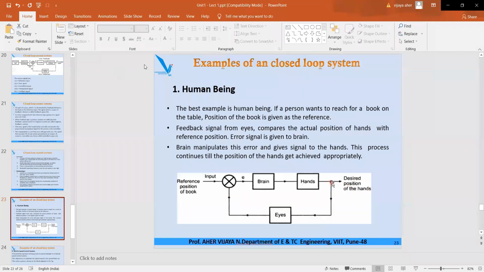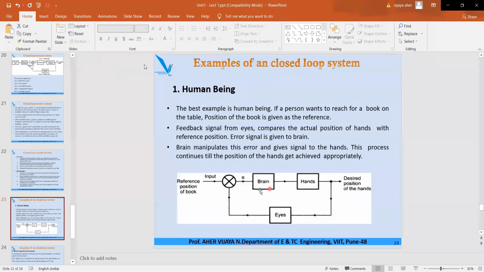So a sample is taken from the output, that is feedback, through the feedback element. Now here in the human being, the feedback element is nothing but our eyes, that is feeding back to the comparator. Accordingly, the error signal is generated.